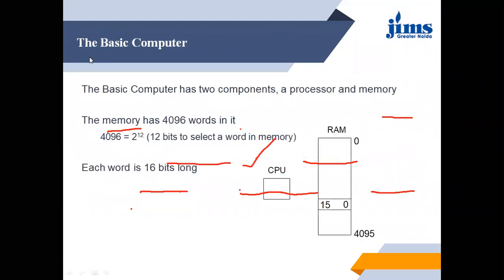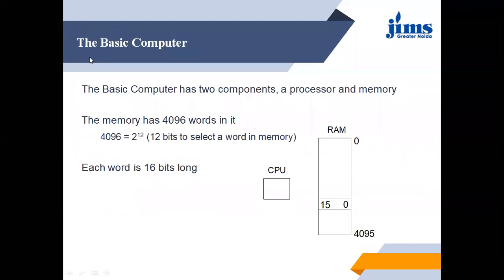In the starting also we discussed that in computers there are basically two things. First is the CPU, and second is memory.